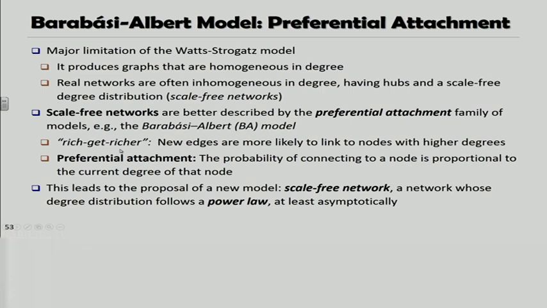Simply, if you got more nodes attached to you, the next time a new edge comes, the chance to attach to you will be higher than for those poor ones. Actually, if you think about it, on the internet there's a similar thing.